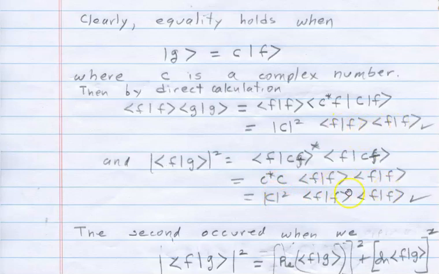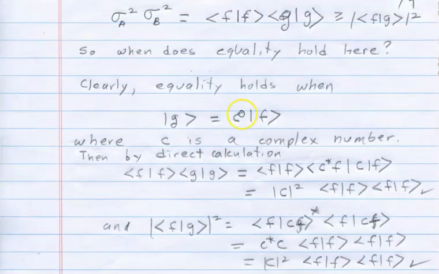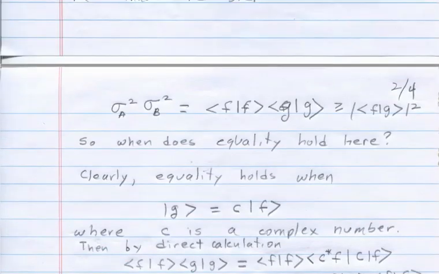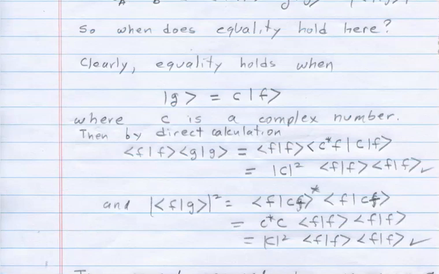And if you compare this one and this one, they're obviously equal. So what we can say is that when G is some complex constant times F, the equality holds up here. So that's when the equality holds in the Schwarz inequality.